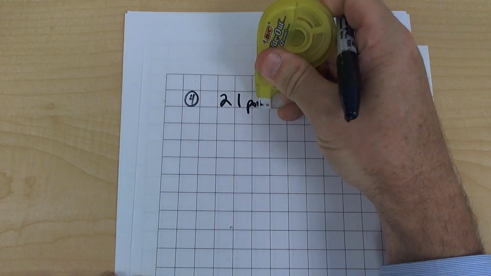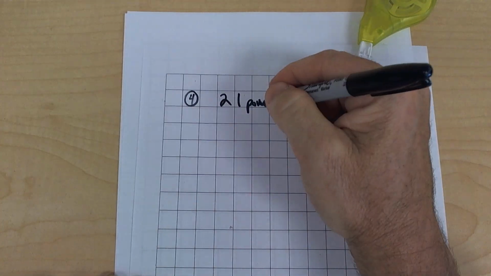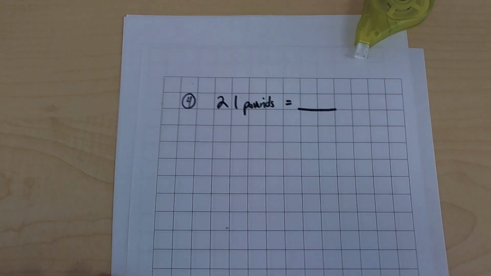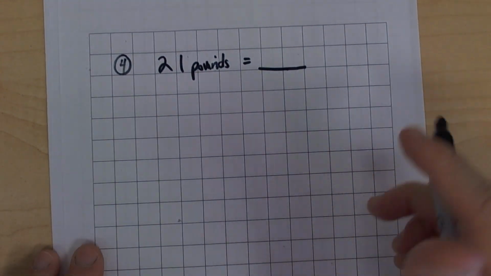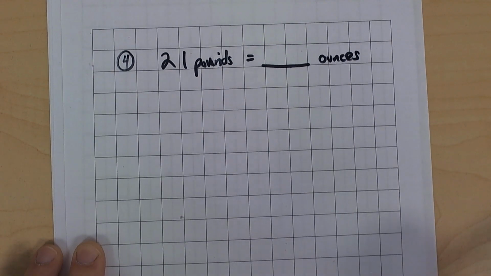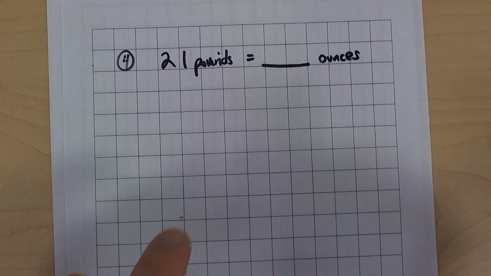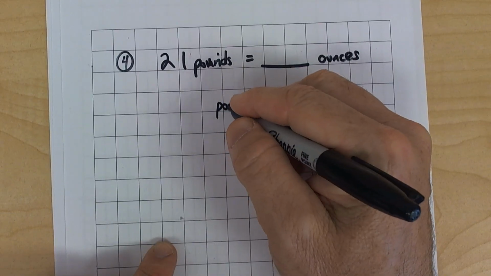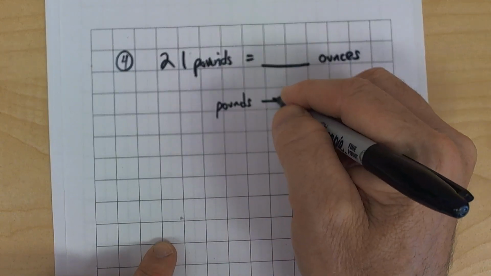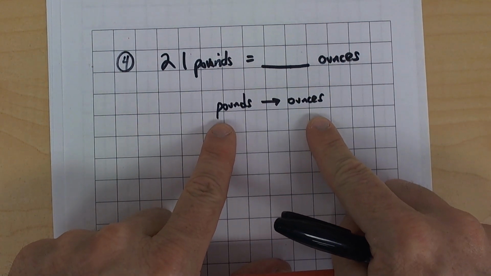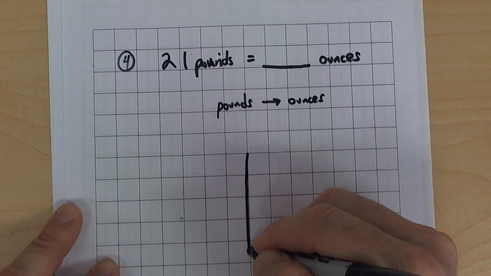My apologies. And they want to know how many ounces is 21 pounds equal to. So step number 1, identify the units that we're measuring. Pounds and ounces. Now that I know that I'm comparing pounds and ounces, I'm going to set up myself a table.